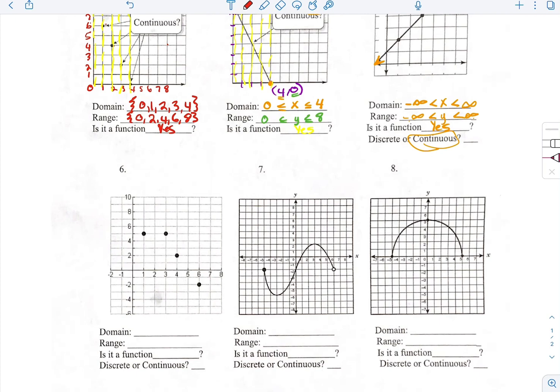Well, when we start looking at our domain, it's going to be open here, closed here. That just means when we're talking about our symbols, it's going to be less than or equal to for this closed symbol. And then for this open symbol, it's going to be strictly less than, because we're not including the 0.6. All right, now you guys try.